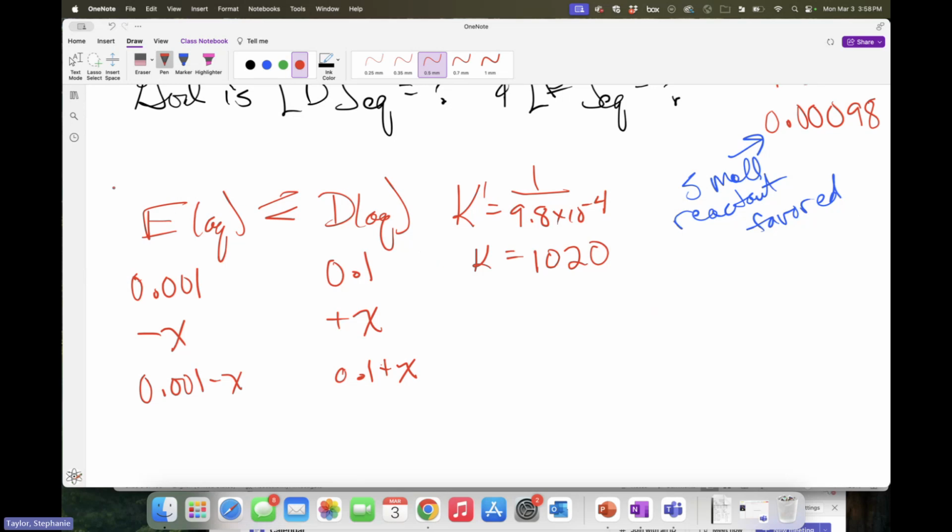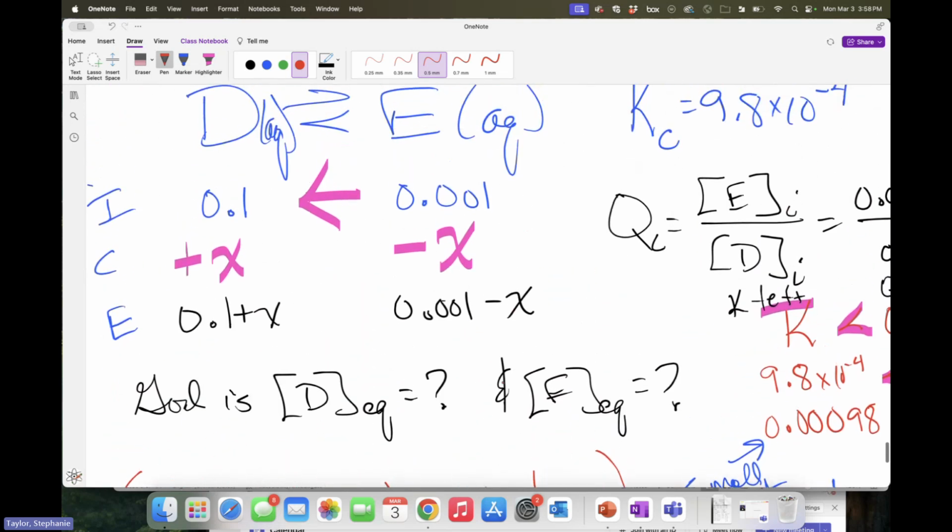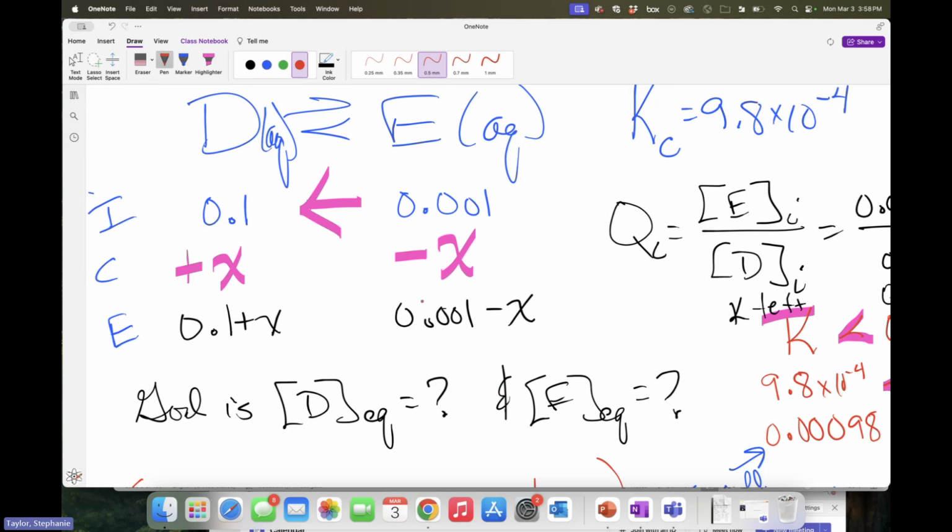But if we wanted to do it so that you are always having products be positive, you could reverse the entire reaction should you want to. I'm not going to do it that way though. I'm going to continue to solve just using this ICE table that we already did.